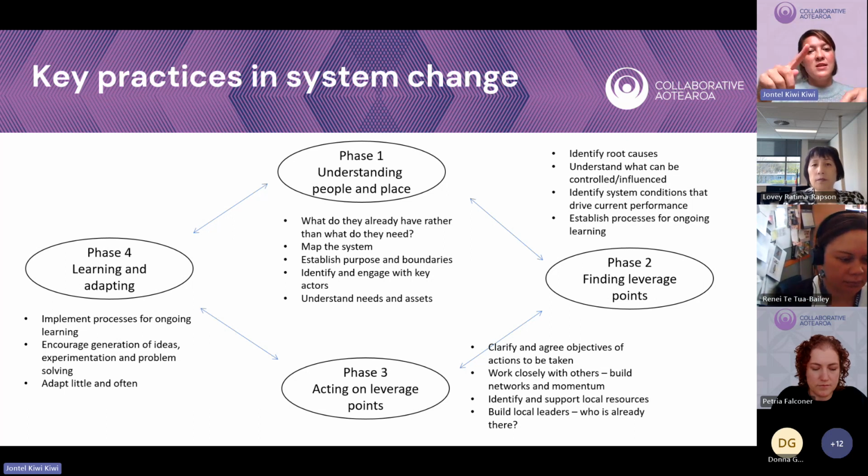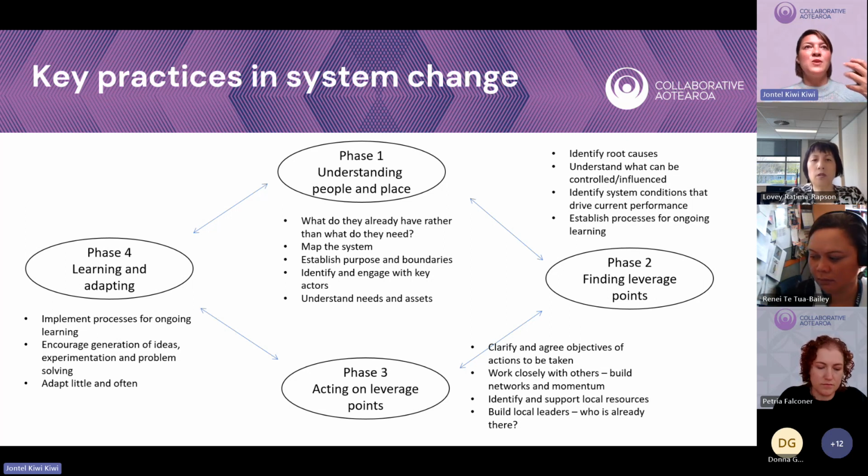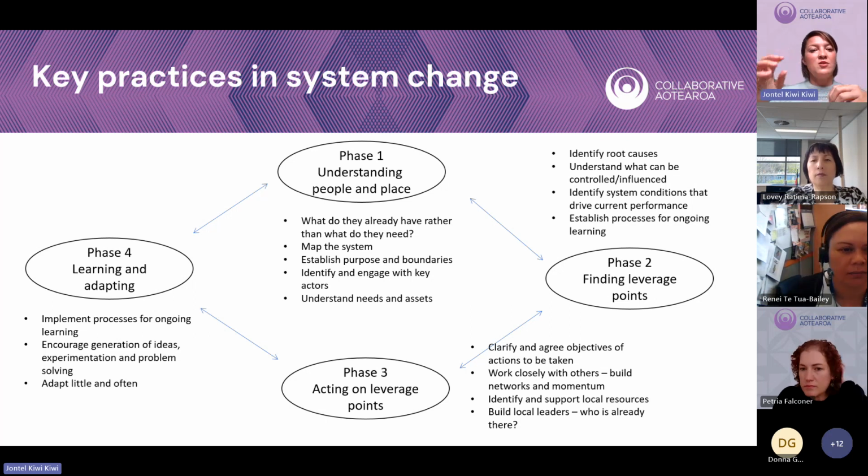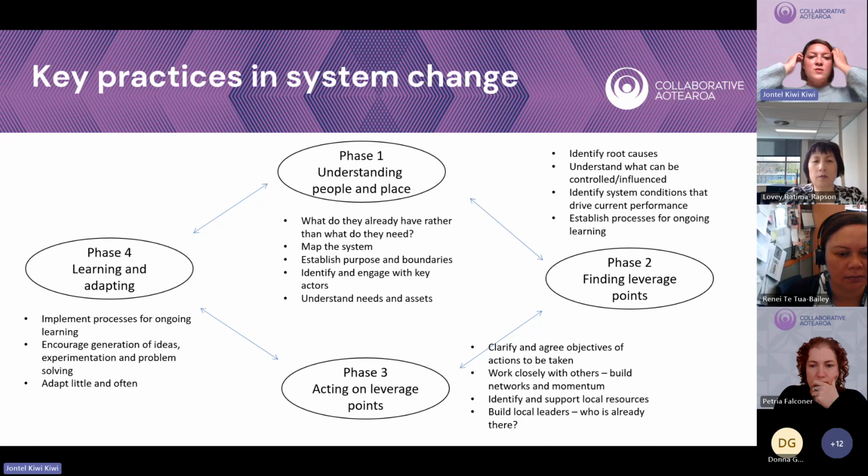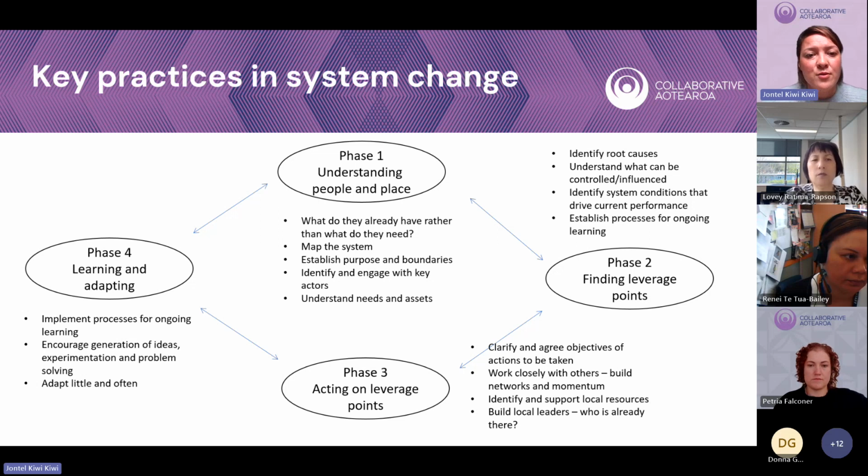Now you'll see there are interconnecting arrows, but in reality, when you are in this type of engagement, the arrows are going to be going all over the place, back and forward, and that's good because it's similar to the PDSA cycle, where we want to keep evaluating our work and make sure that we're still on track, and if not, course correct. So for this example, I'll just quickly mention these points, but also happy to kōrero afterwards about them too.